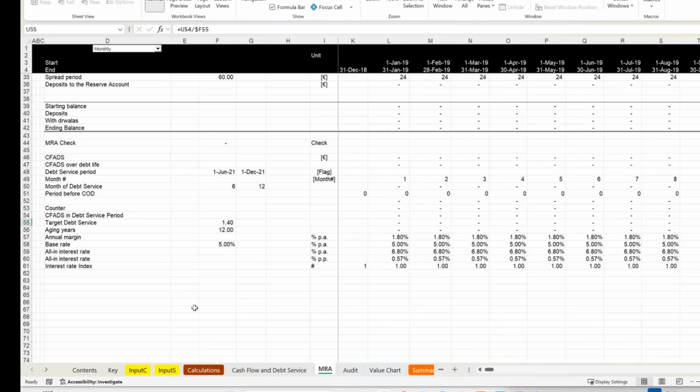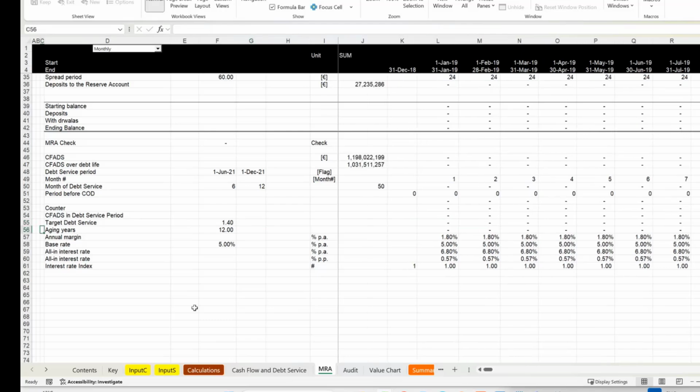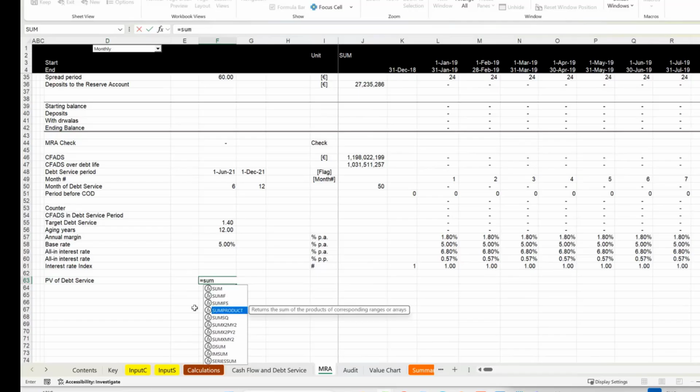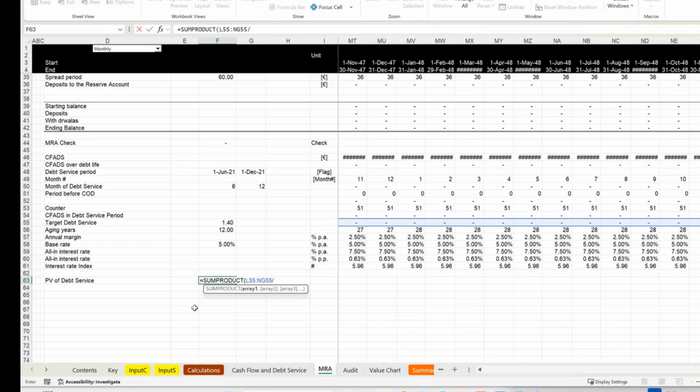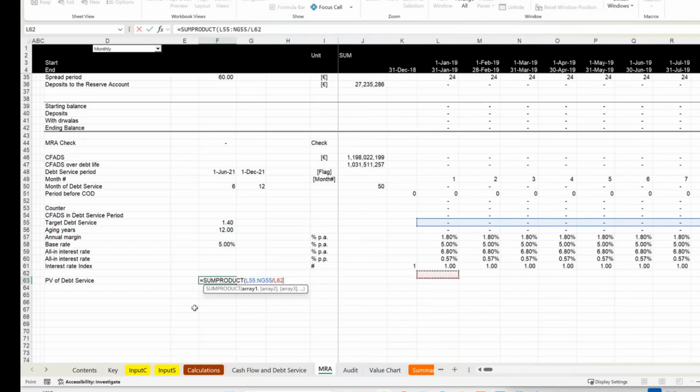So you go down, and then let's put our PV of our debt service. And do a sum product of the debt service wherever you just did that. Go forward and divide that by it. Sorry?